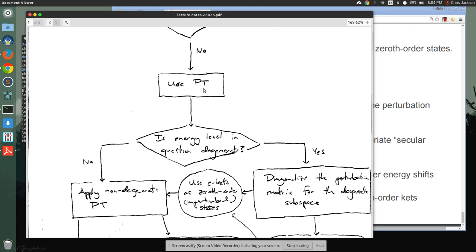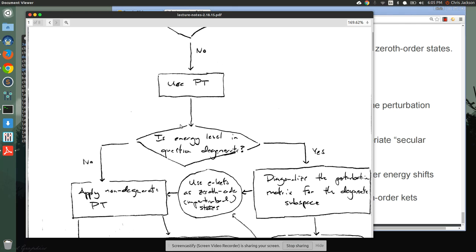Okay. So once you establish that you want to use perturbation theory, you'll do this on an energy level by energy level basis. And you'll ask yourself first, is the energy level that I'm working on degenerate, right? Are there more than one state that have the same energy eigenvalue?